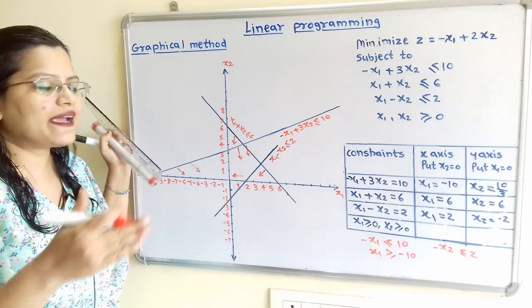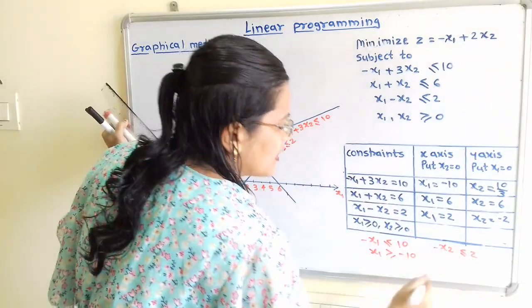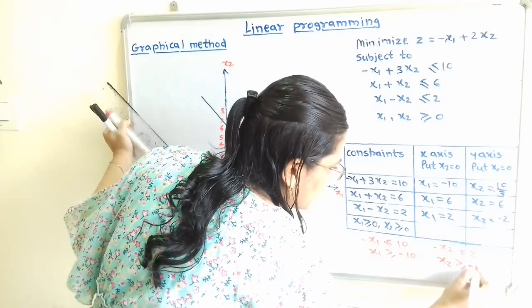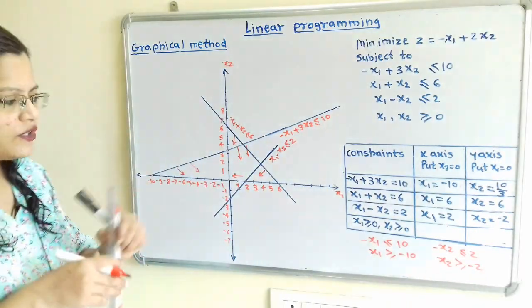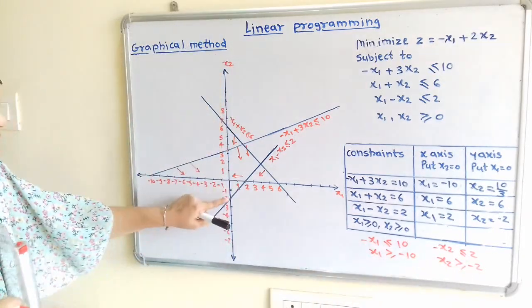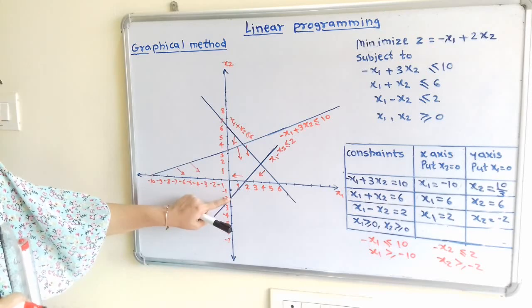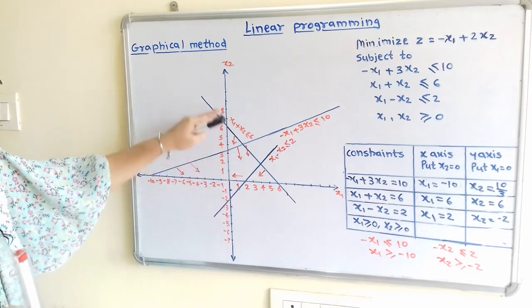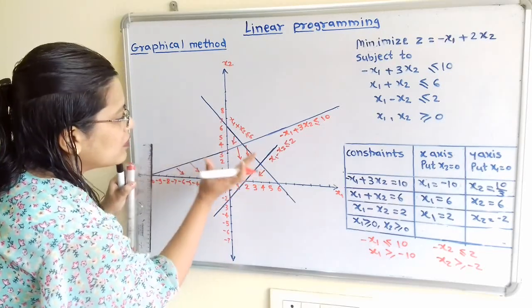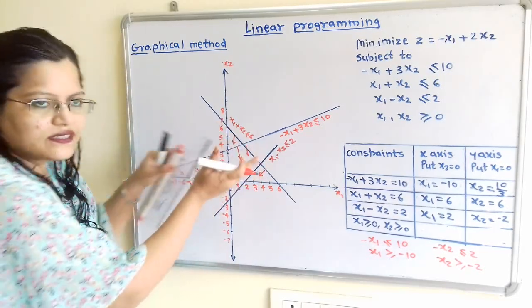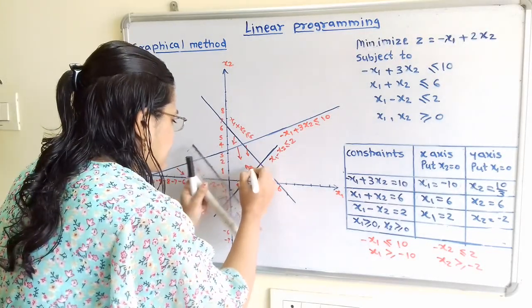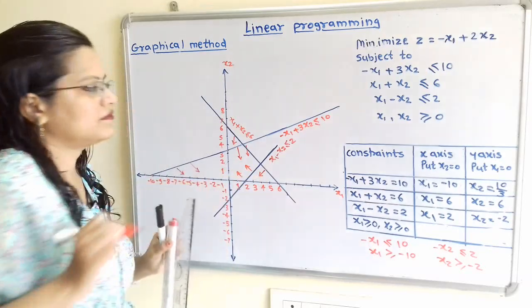If I multiply both sides by a negative sign, it becomes x2 is greater than or equal to minus 2. So the x2 value should be greater than or equal to minus 2. Here x2 is equal to minus 2 and all values greater than minus 2 are in the upward direction. So we have to refer to the area in this upward direction, and I will show the arrow in this direction.